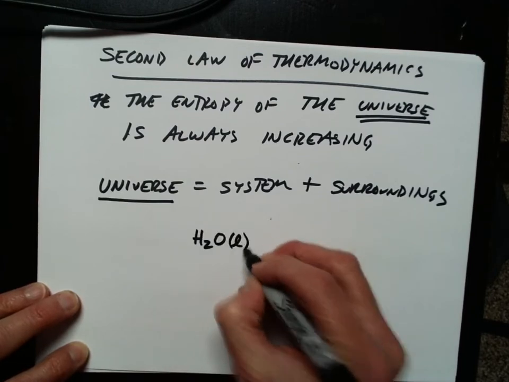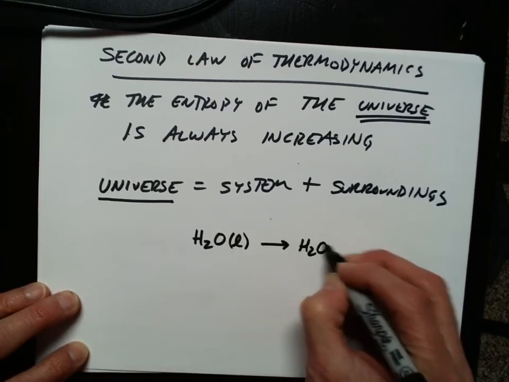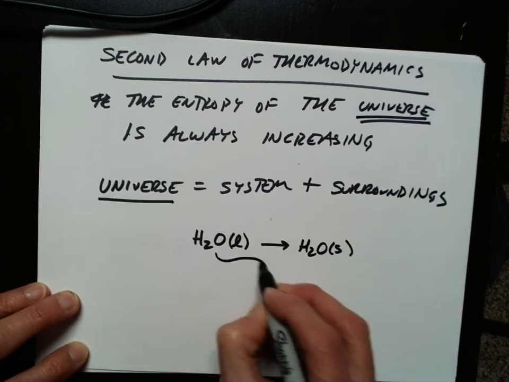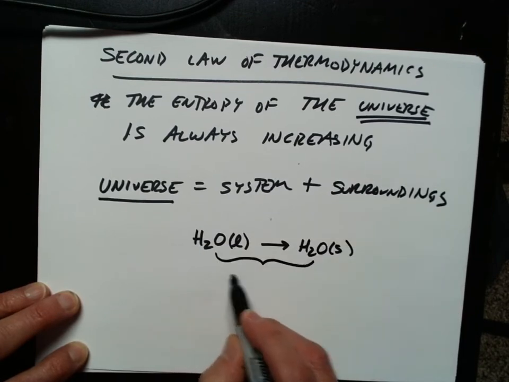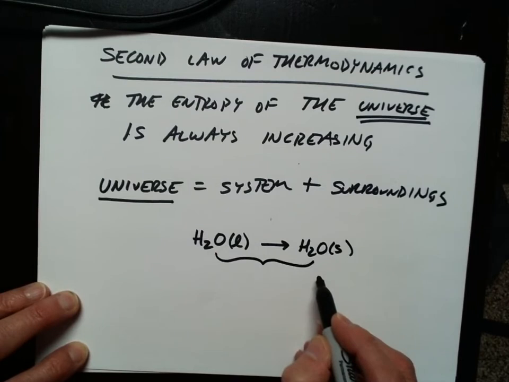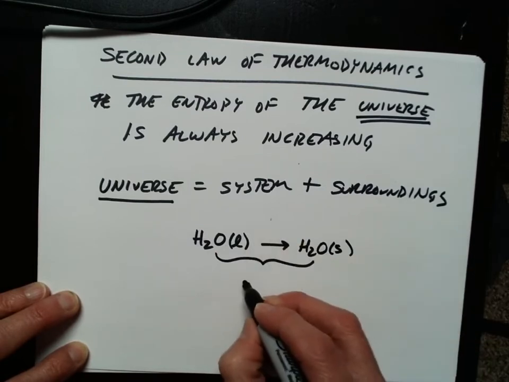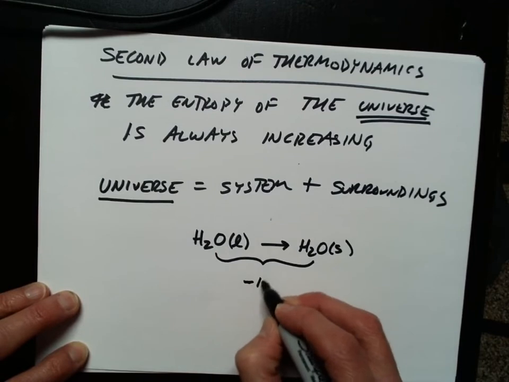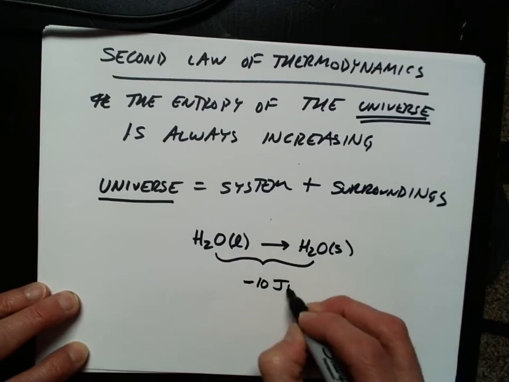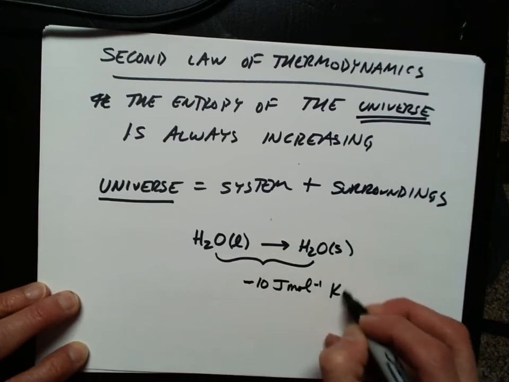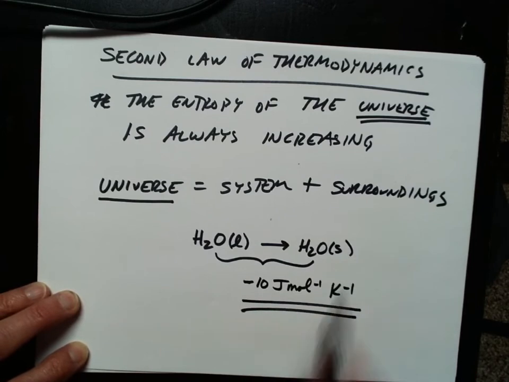H2O liquid going to H2O solid. This represents a system that's undergoing a drop in entropy. So let's just say it goes down 10 joules per mole Kelvin during this process. I can't remember what it is, but just for the sake of argument, there's a change of negative 10 joules per mole Kelvin.